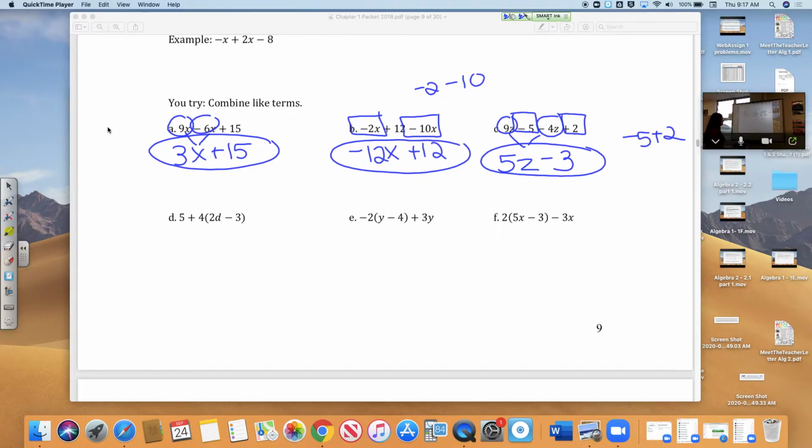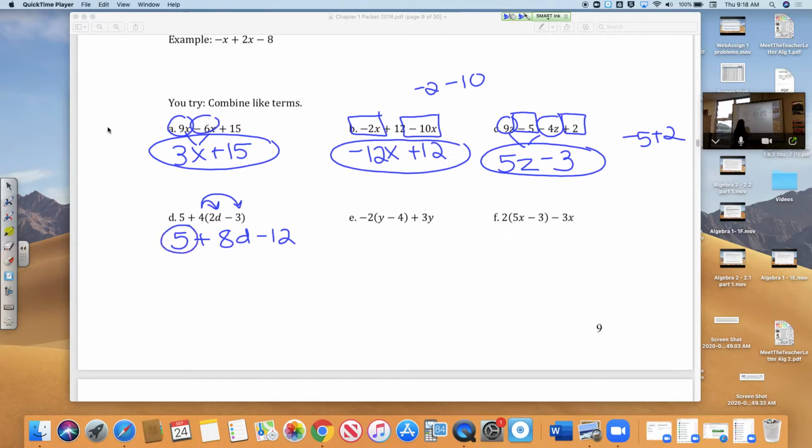All right, letter D. Step 1, I would have to use the distributive property. I'm going to multiply 4 times 2d, 4 times this negative 3 here, and I'll get 5 plus 4 times 2d is 8d, and then minus 12. After I do the distributive property, I will now combine like terms.